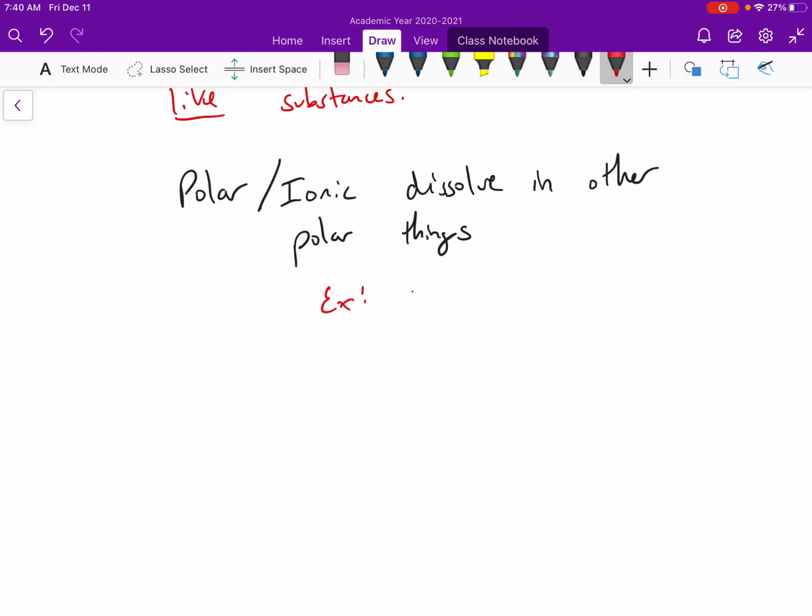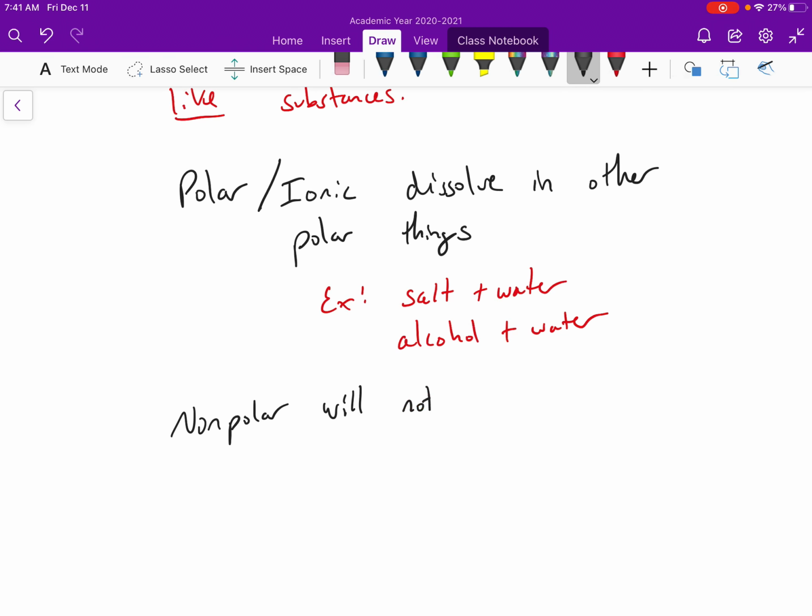So this would be like salt and water. Salt dissolves in water. Salt is ionic, water is polar. This would be like alcohol and water. Those things mix because they're both polar. Non-polar things will not dissolve in polar things.